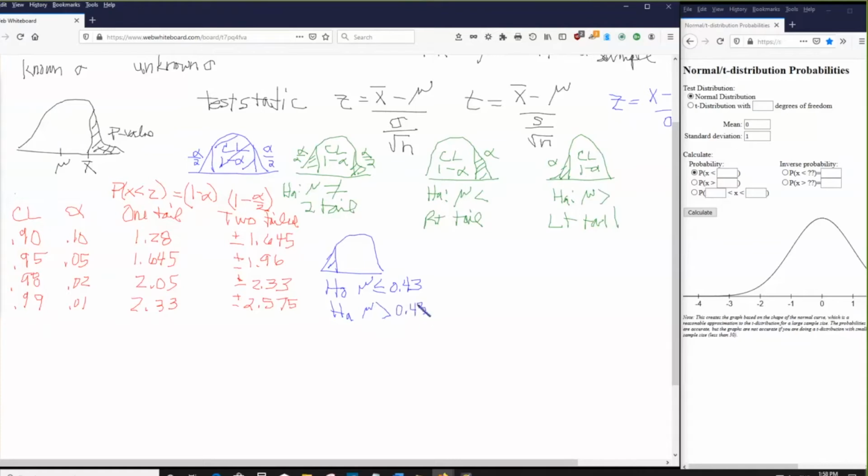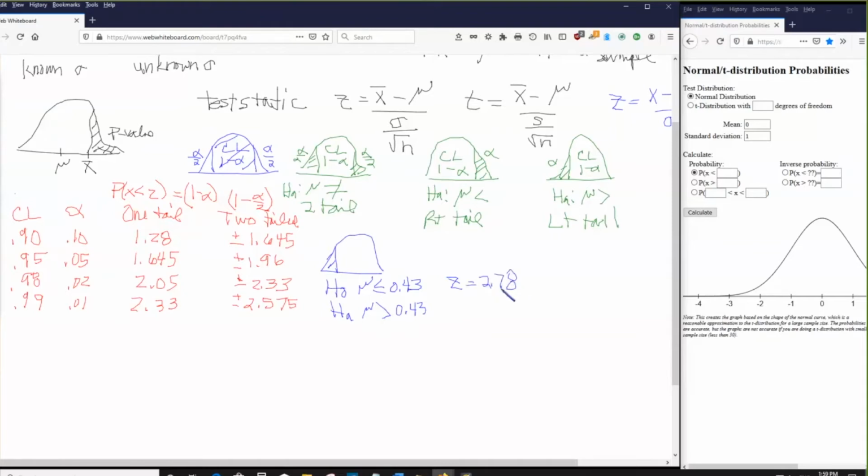And then let's say they give us a z-value of 2.78.